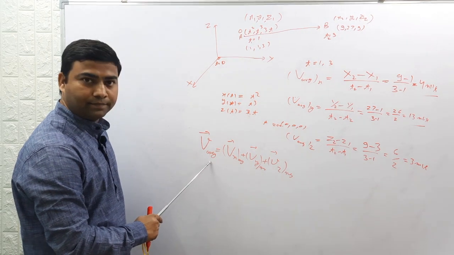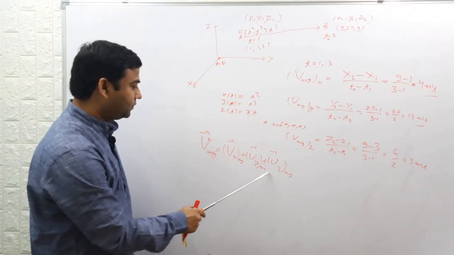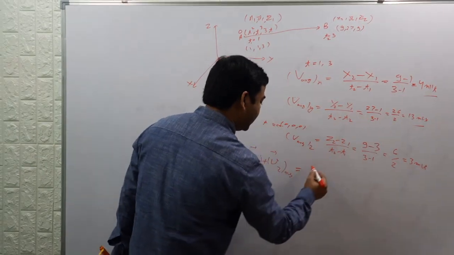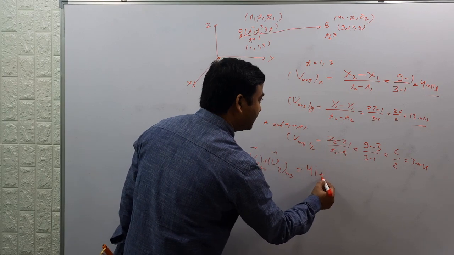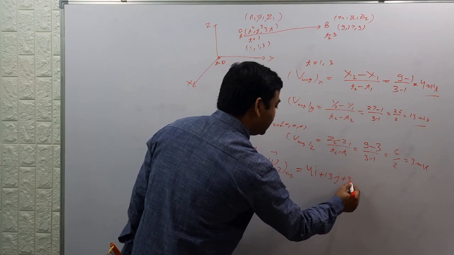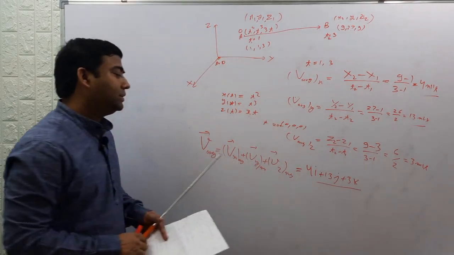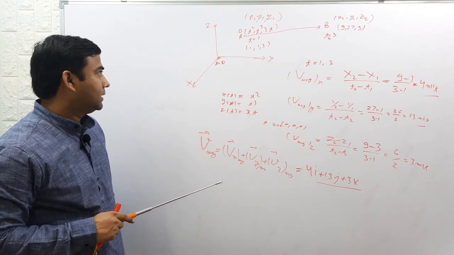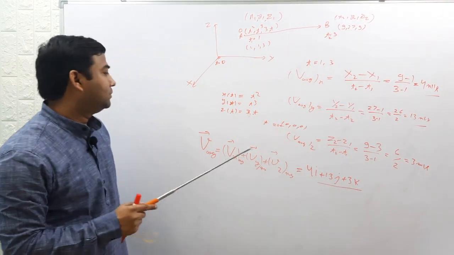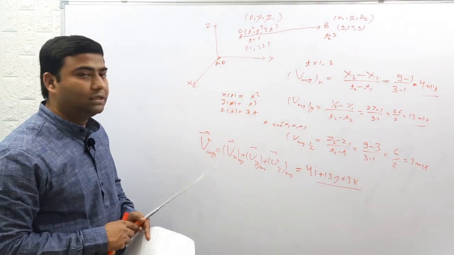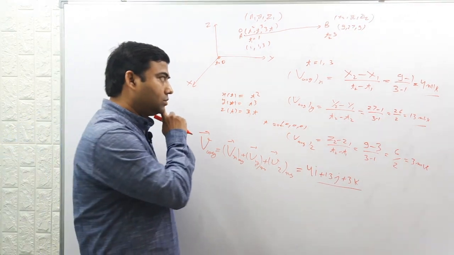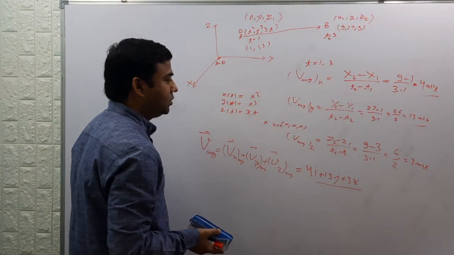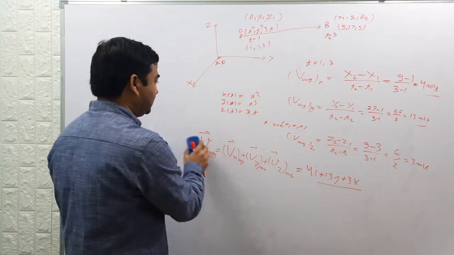The total average velocity of the particle will be the vector sum of all these average velocities, and this can be written in i, j, k terms, which we have discussed, in the form of unit vector system along xyz direction. This velocity will be 4i plus 13j plus 3k. So this is how we represent average velocities of a particle in a single frame.